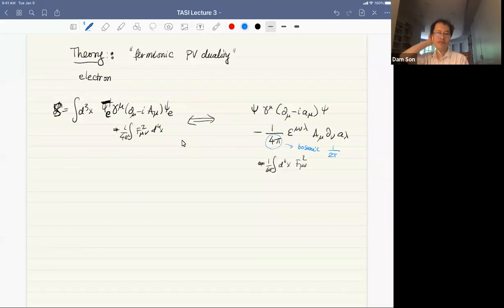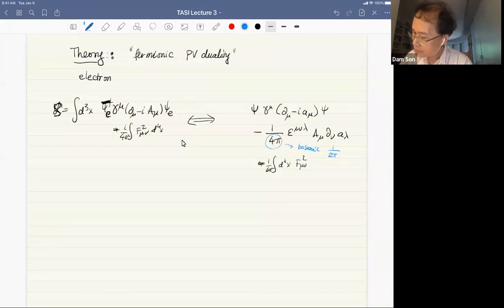Here we have 1/4 pi. One way to get that is just to see whether we reproduce all the experimental results. So it's a duality between a fermion and a fermion, in the same form as the duality between a particle and a vortex.